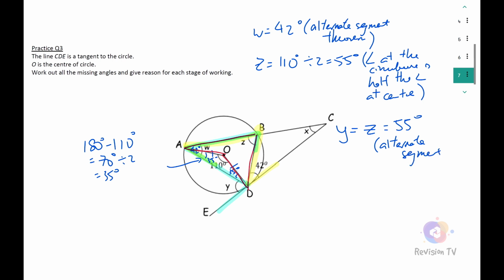Right, so last but not least, we need to work out x. So how can we work out x? Well, you can see x is involved in two triangles: the bigger one, CAD, or the smaller one, CBD.